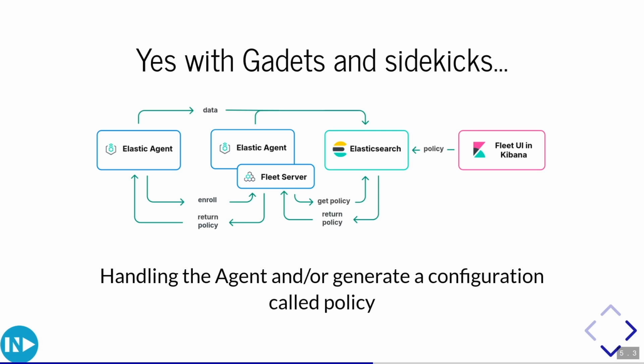That means you can manage your configuration also in the CLI. You create policies in Kibana. The policies are written into Elasticsearch, the Fleet server gets these policies, and he deploys or enrolls them. Enroll is the keyword here. Enroll them on the Elastic agents, and there's also a keep alive between the Elastic agent and the Fleet server.